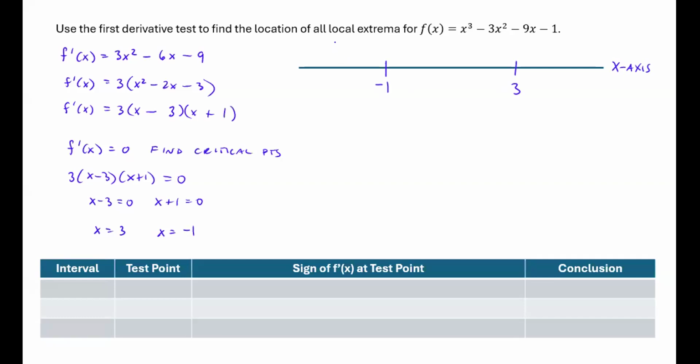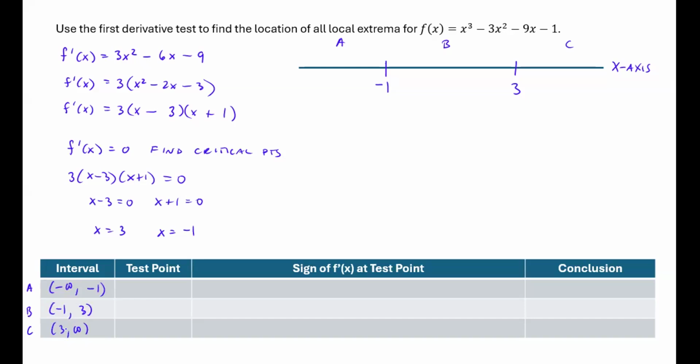So I have what I'm going to call interval A, interval B, and interval C. Interval A is going to be everything from negative infinity to negative 1. Interval B is going to be everything from negative 1 to 3, and interval C is going to be everything from 3 to positive infinity.